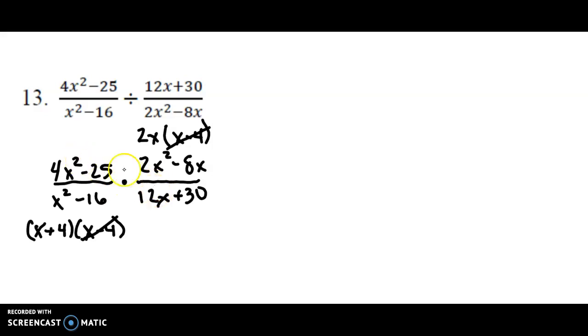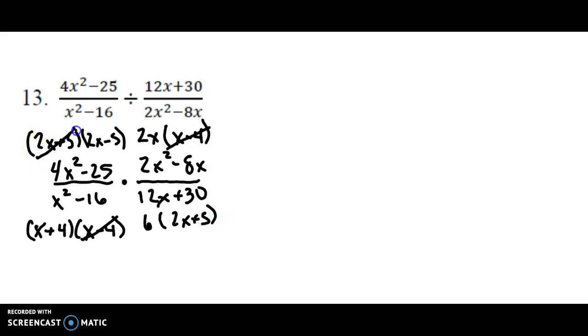The other diagonal, and this is a difference of 2 squares: 2x plus 5, 2x minus 5. This one here has a GCF of 6, and 2x plus 5.